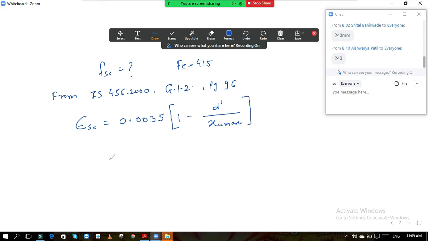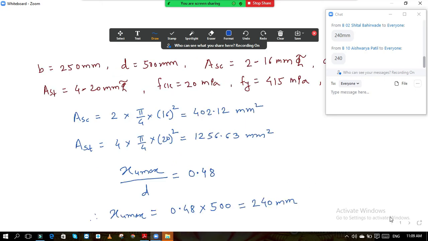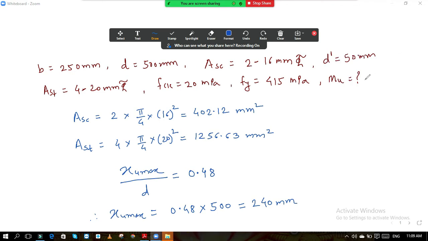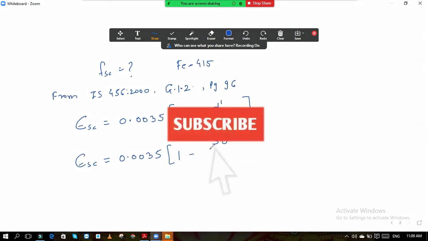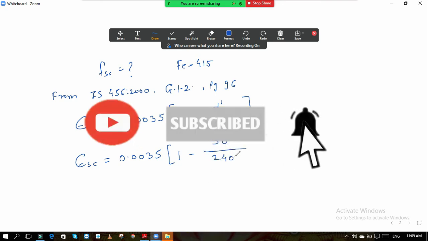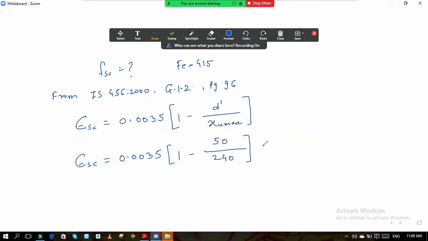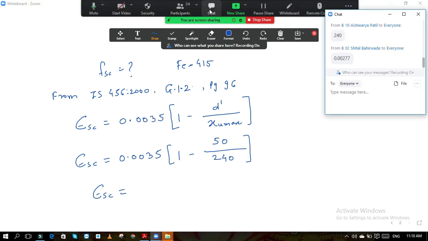So now epsilon SC is equal to 0.0035 into 1 minus, what is the value of D dash? I have to see that. I have not remembered. So that value is 50 mm, and your XU max is I think 240. So now after solving this you will get the value of this epsilon SC. That is the strain in steel in compression zone. This is the strain, this is not the stress. Please let me know the answer.